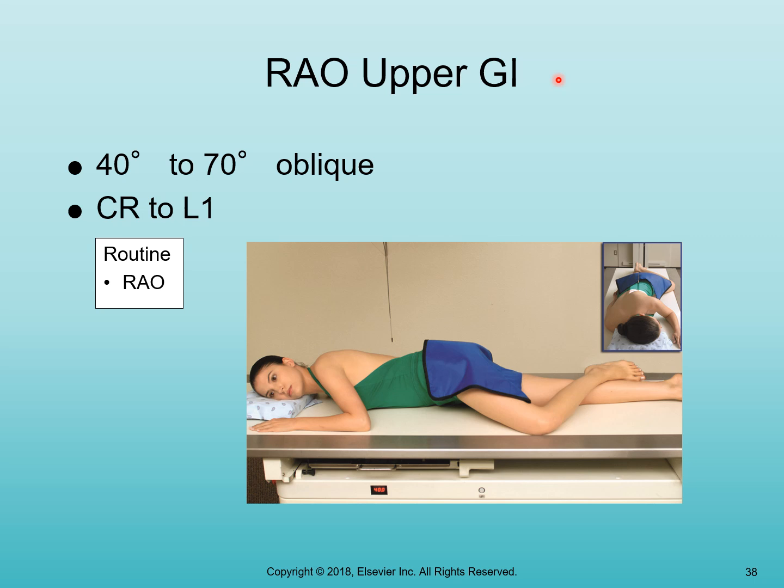On the LPO, it's left marker, down. On the RAO, it's left marker, but it's up, kind of like the picture is in the book on page 494. That is correct. The other two, I don't feel like they visualize those correctly. On the LPO and the AP they actually use right marker. We're not. We're going to use the left marker on the opposite side. So left marker down.